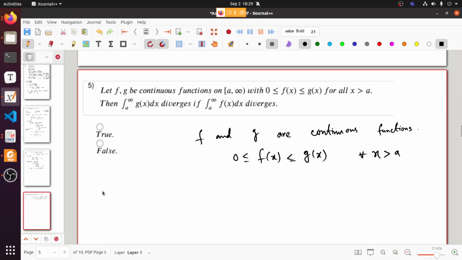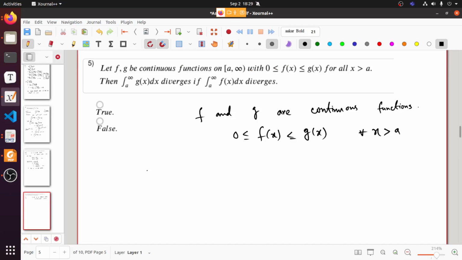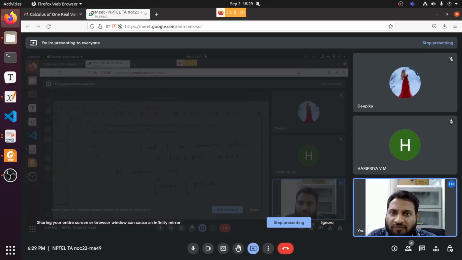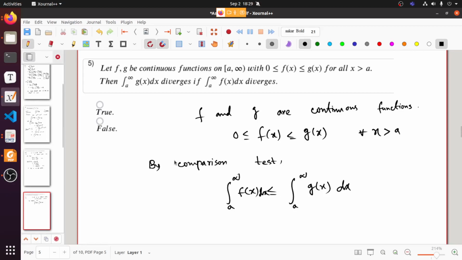So you have done the comparison test for integrals, right? If this is true for all x greater than a, then by comparison test, integral a to infinity f x dx will be less than integral a to infinity g x dx, right? Now what is given?